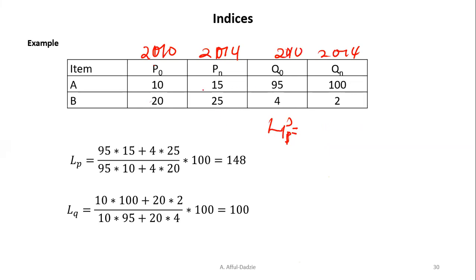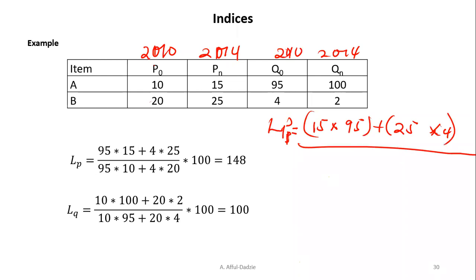So what this is saying is, for product A, you're going to take its current price multiplied by the base quantity, plus, for product B, we'll have 25 multiplied by the base quantity, which is 4. Then we divide by the base quantity multiplied by the base price.